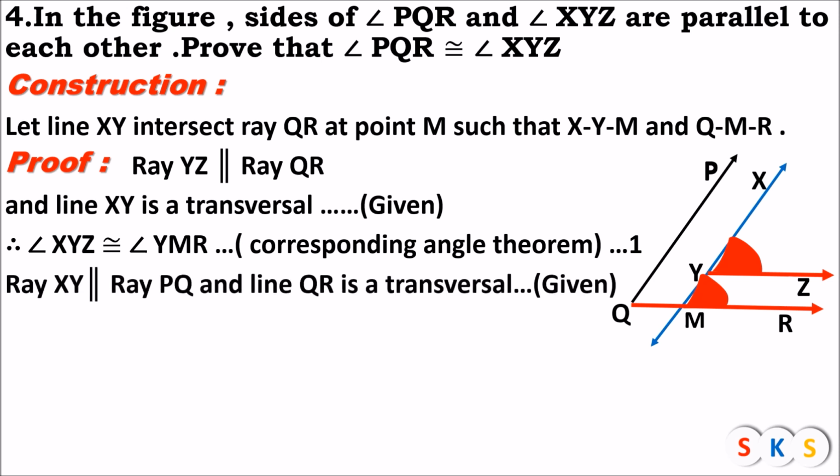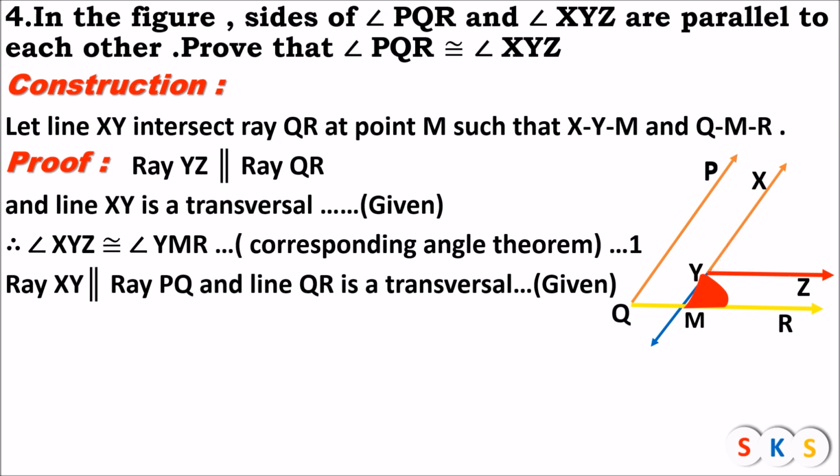Now, ray XY is parallel to ray PQ and line QR is a transversal. Look at this figure. Can you find ray XY and ray PQ? Yeah, you can see the figure, the brown color line, rays. Okay, they are parallel. And QR is a transversal, the yellow one, right?